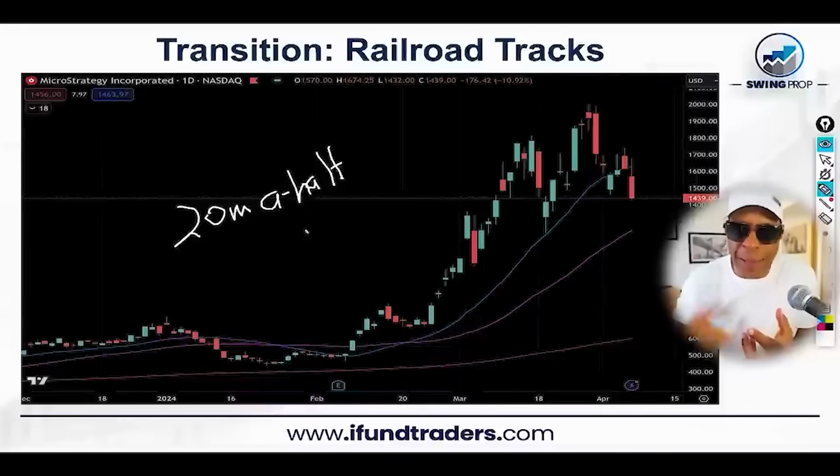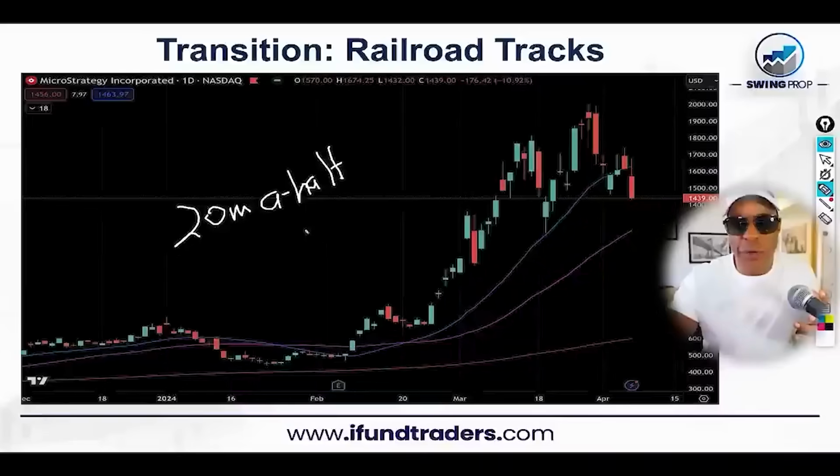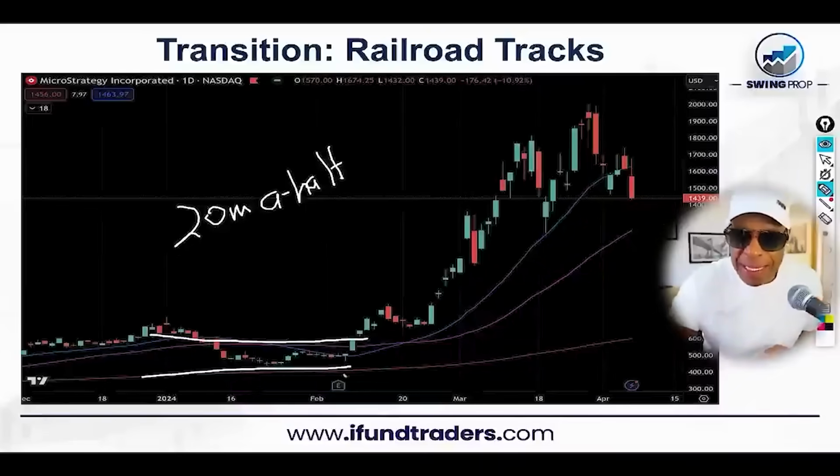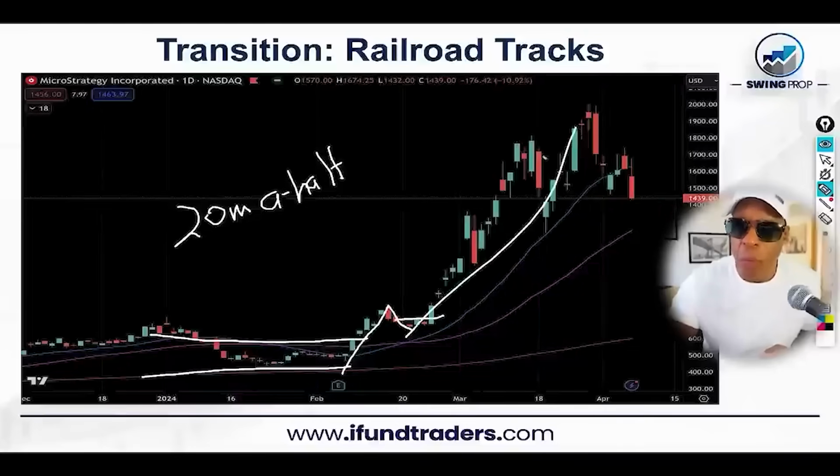The 20 MA halt is an amazing start to enduring runs, all right? They emerge out of a sleepy state. It pulls back, does not break the 20, gives you a color change, and boom, you are off to the races, my friend. The 20 MA halt.